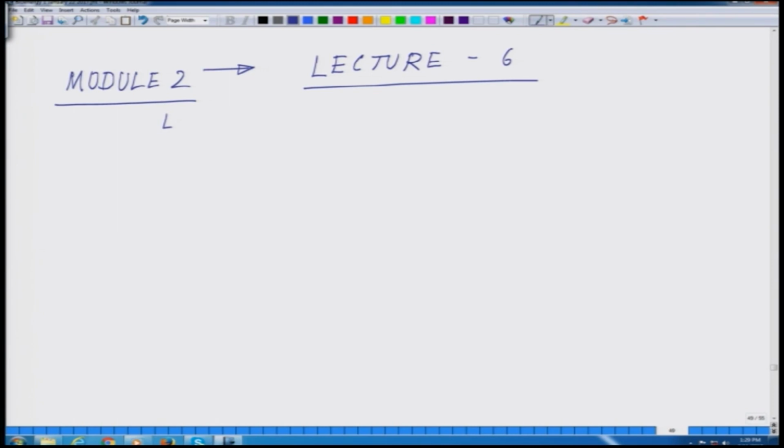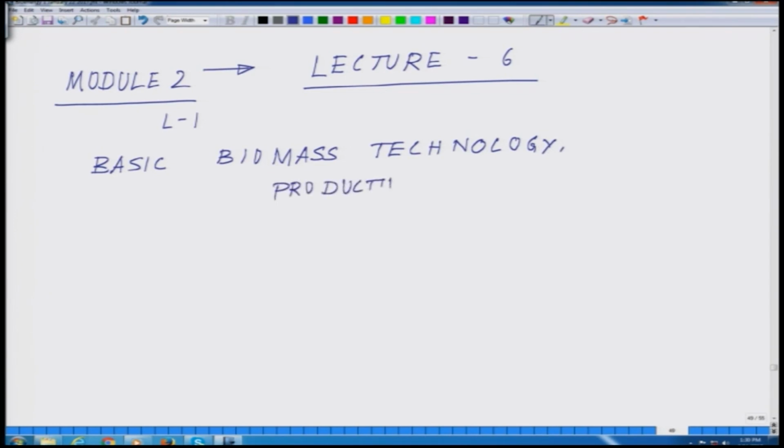Module 2 is lecture 1, of course, and in sum total this is lecture 6, and the section we will be dealing with is basic biomass production, biomass technology and biomass resources.